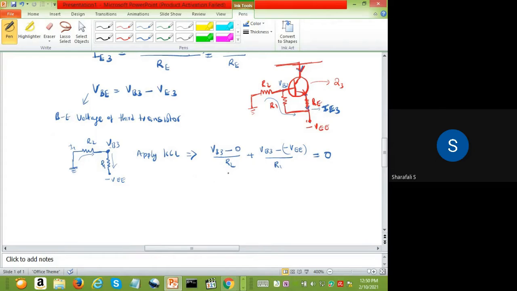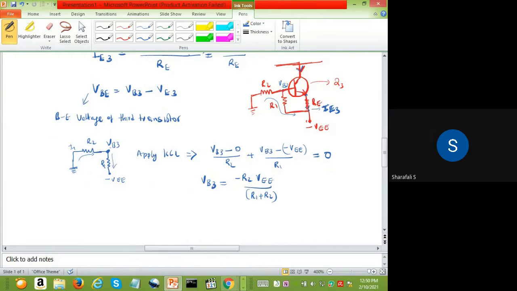So from this, we can write VB3 equal to minus R2 times VEE divided by R1 plus R2.